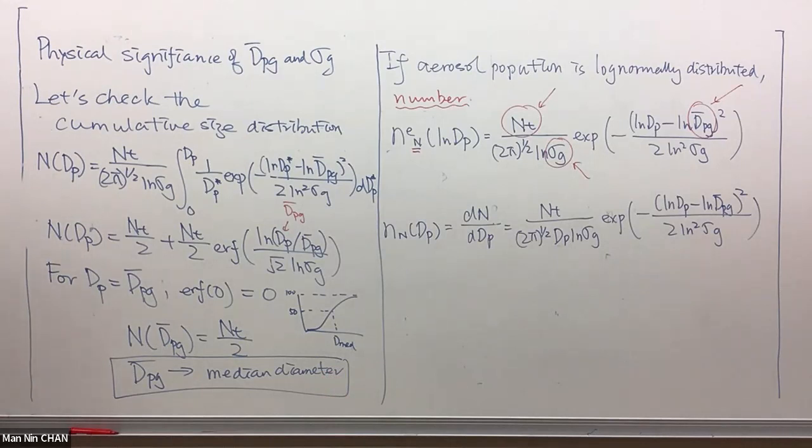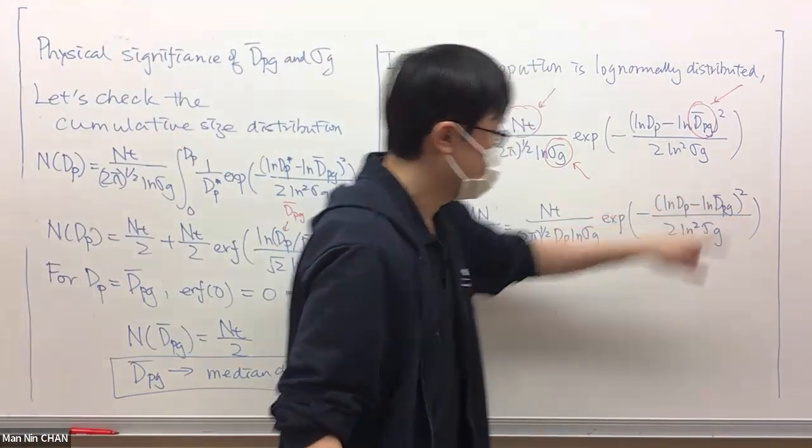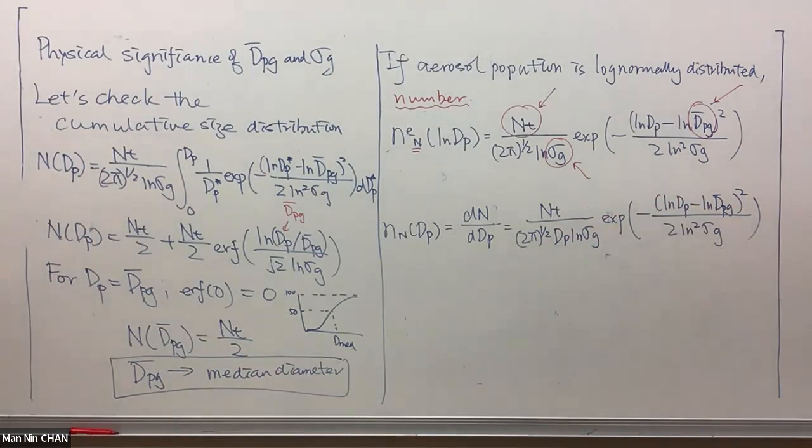So if we are looking for the physical meaning of your dpg bar in your log normal distribution function, the meaning of this dpg bar is just the median diameter.